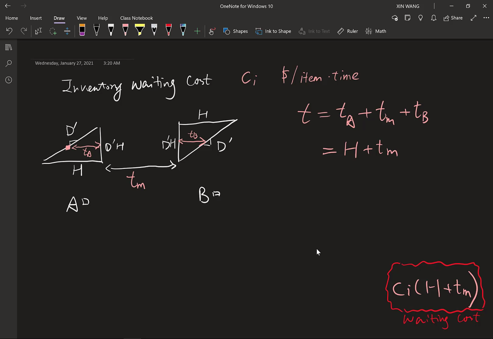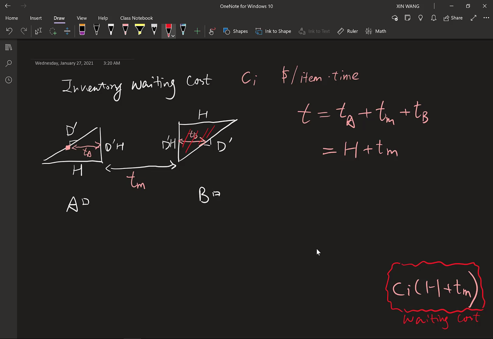Consider that this is like a bus, and we ship human beings from station A to station B. So at station A, people accumulate, but when the bus arrives at station B, human beings can just depart from station B. In that case, there's no need to pay this inventory waiting cost at station B.